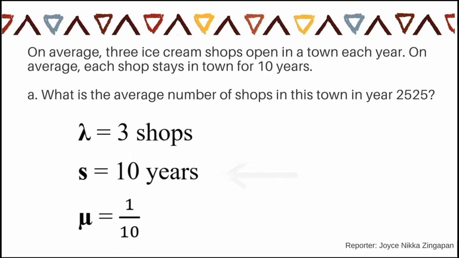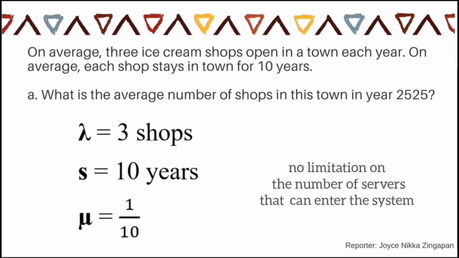So the service time is the number of years that they will stay in the town. And for the number of servers, there is no limitation on how many servers can enter the system. Therefore, it falls under the infinite server type of queuing system.